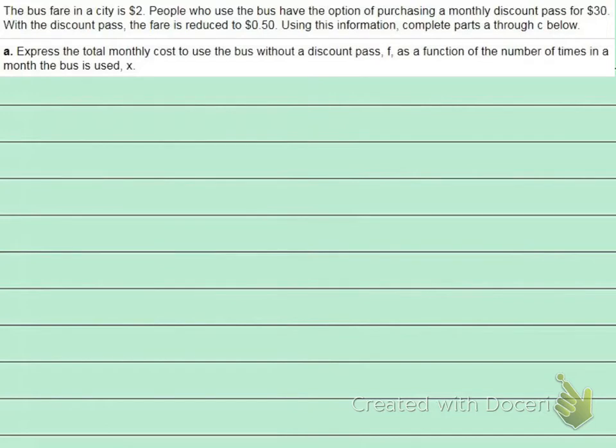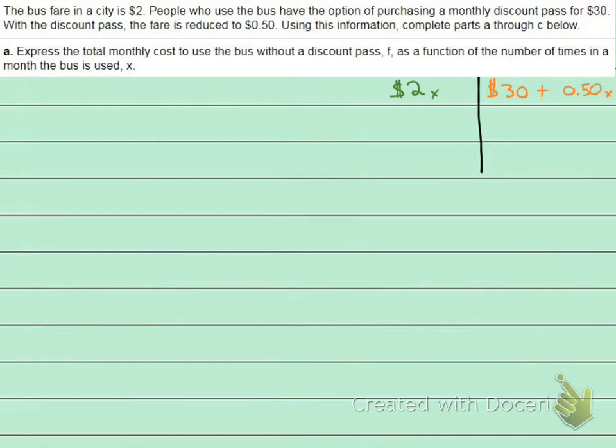Okay, so we have our two options here. One of our options is $2 per ride. The other option is $30 up front plus 50 cents per ride. I put the x in there.